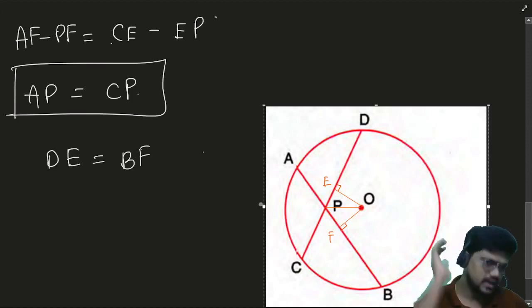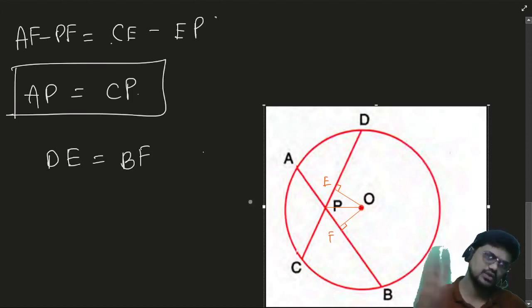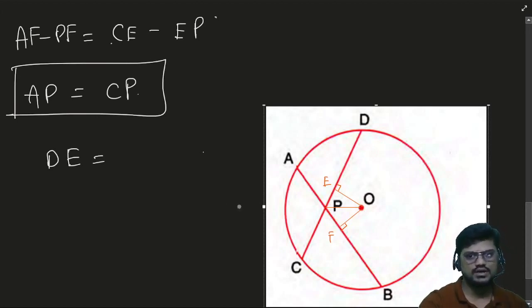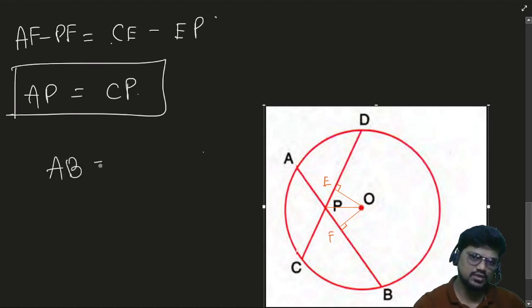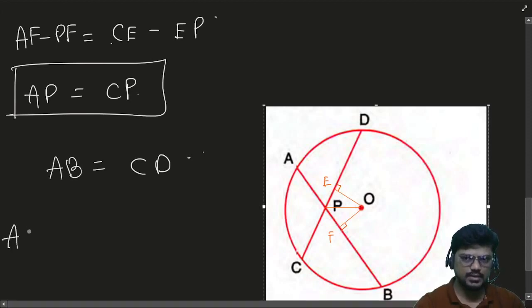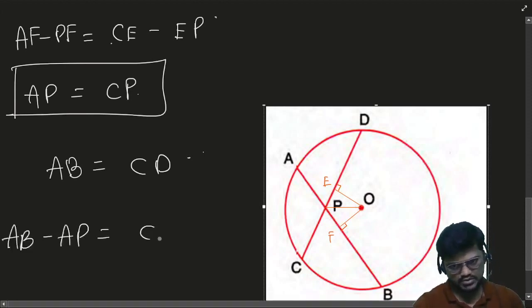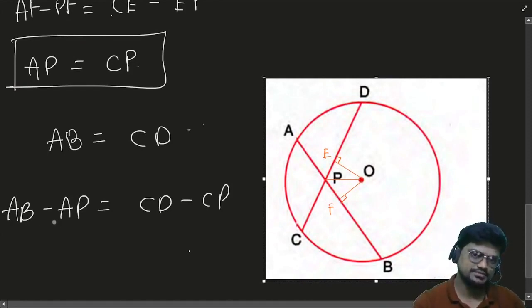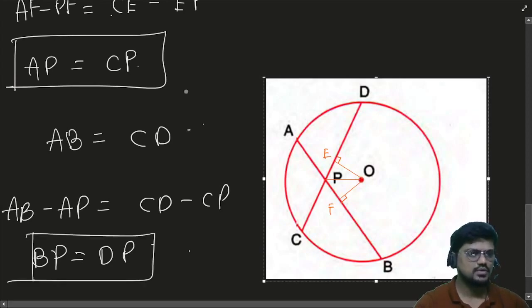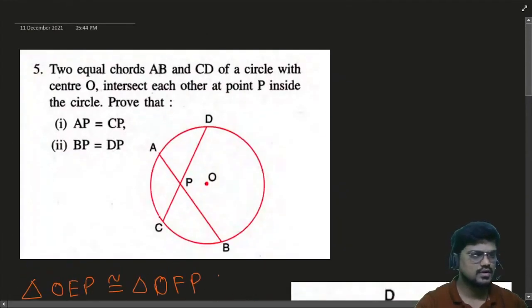Again, AB is equal to CD, and we got that AP is equal to CP. If I subtract this, AB minus AP will be equal to CD minus CP. What is AB minus AP? BP. And what is CD minus CP? That is DP. That's it, done. Proved the second one also. Got it?